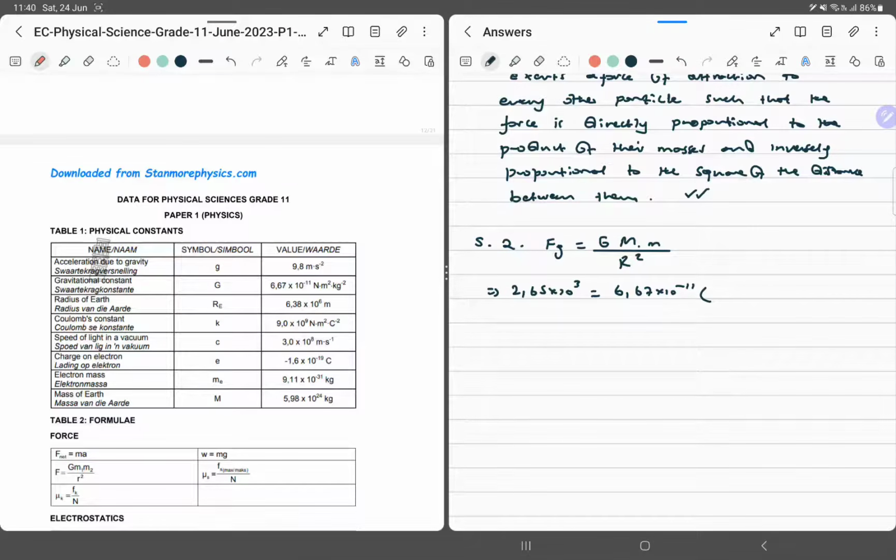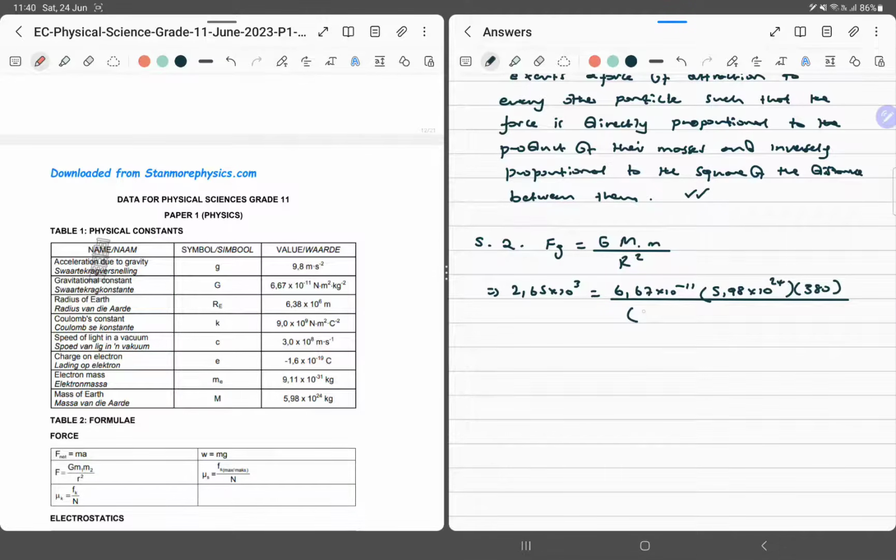And then the mass of the Earth is 5,98 times 10 to the 24. Okay, and then the mass of this one was already 380. This is divided by, now we want the radius of the Earth.